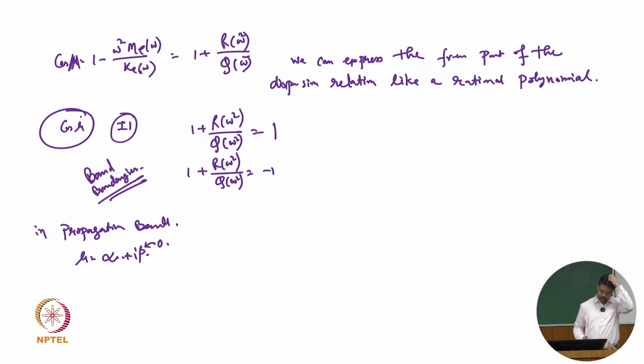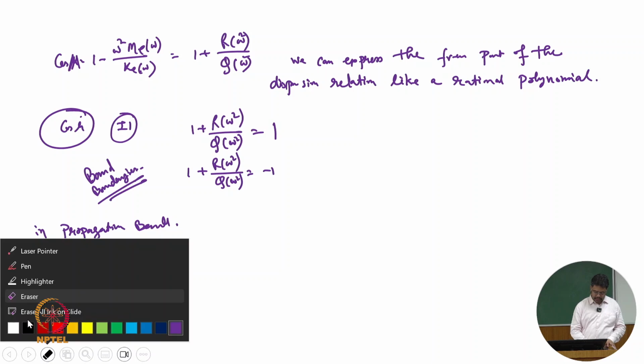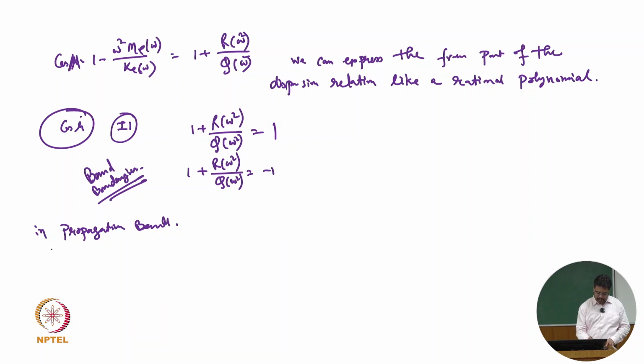Sorry, you understood that for a real mu, cos mu should lie between plus 1 and minus 1. So we can say that in the propagation band, mu should be real.